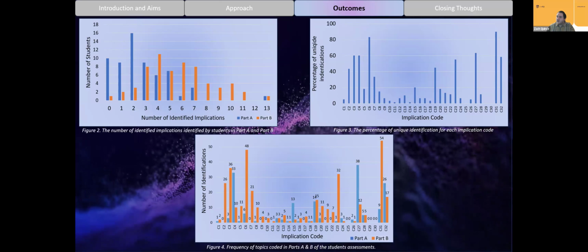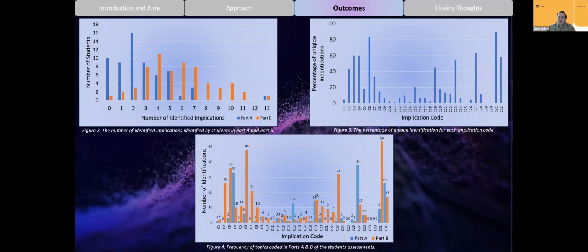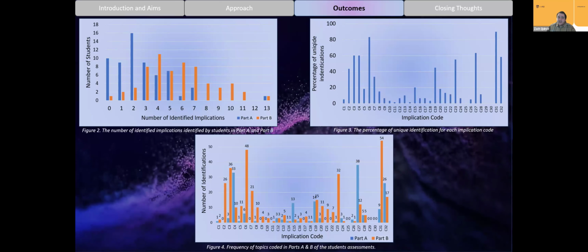And the 2 that were above 80% was C31, which was understanding subjects, which basically referenced that ChatGPT was able to understand engineering. And 90% of students were mapped to that particular topic. And then the other one that was over 80, which was 83%, was C6, and C6 was competitive advantage.